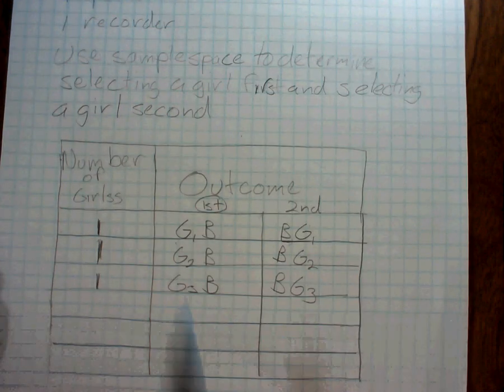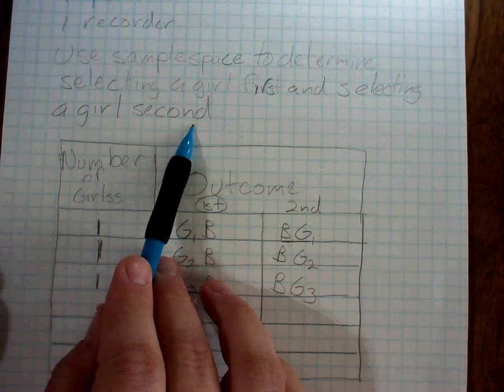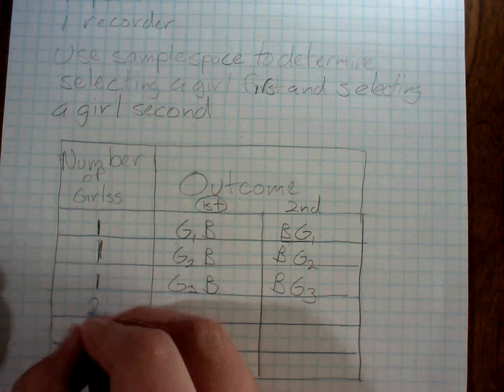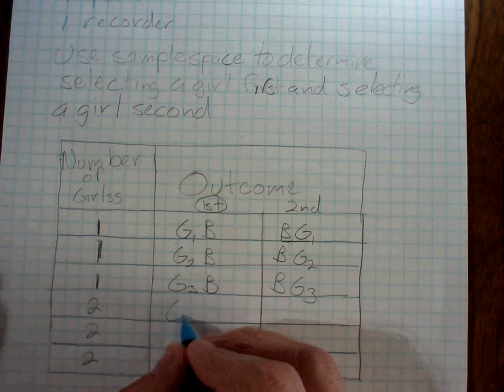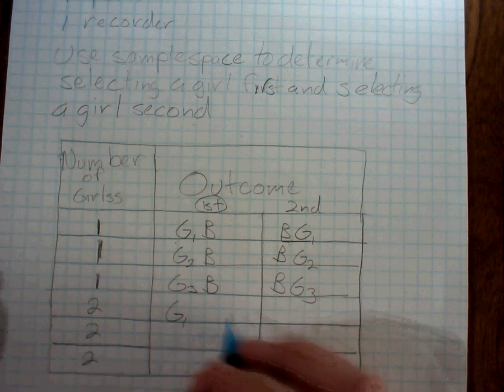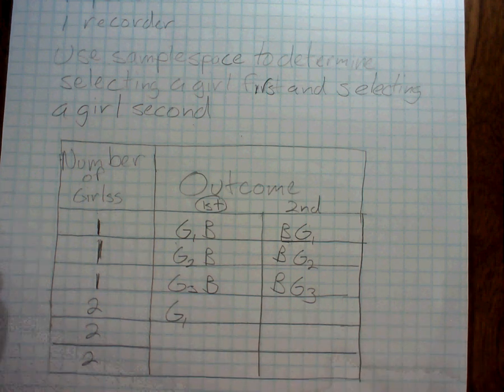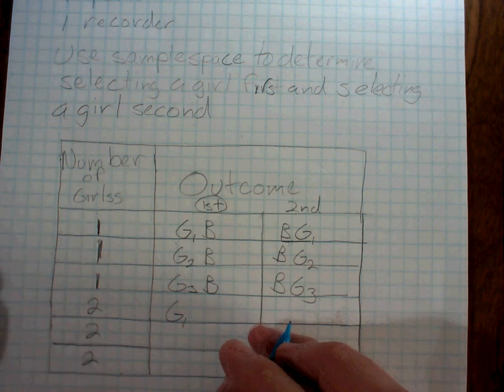But I need to find out what happens with 2 girls, right? Because I'm only choosing 2 girls. I don't need to know if I'm going to choose 3 girls because I'm only choosing 2 people, period. All right? So same scenario, except now I'm going to have girl 1, right? And then I might have girl 2.